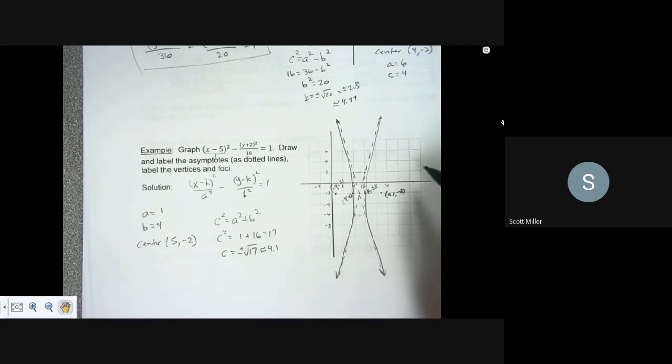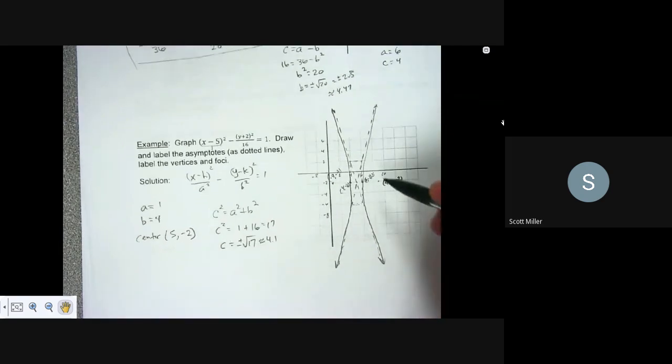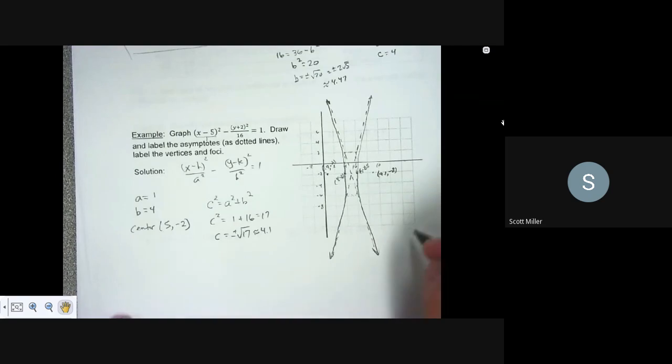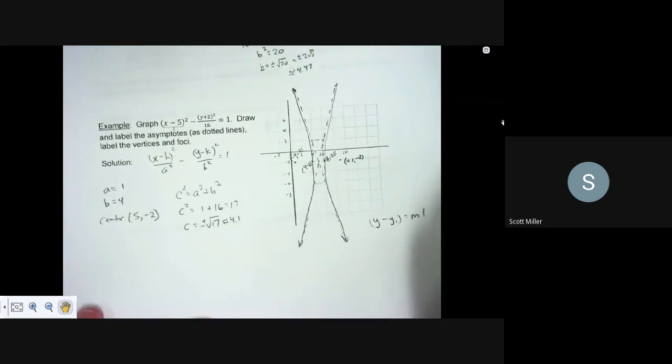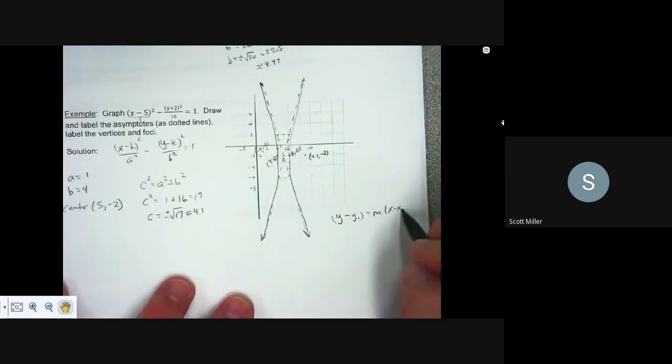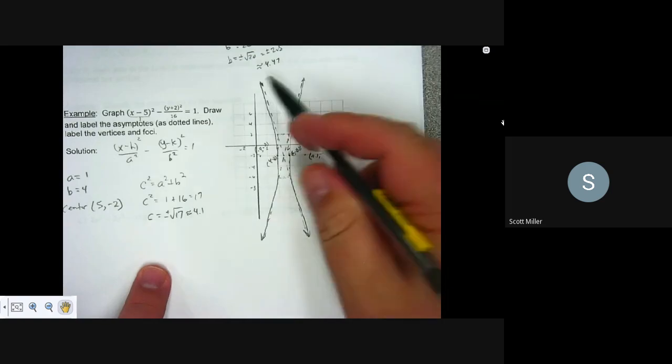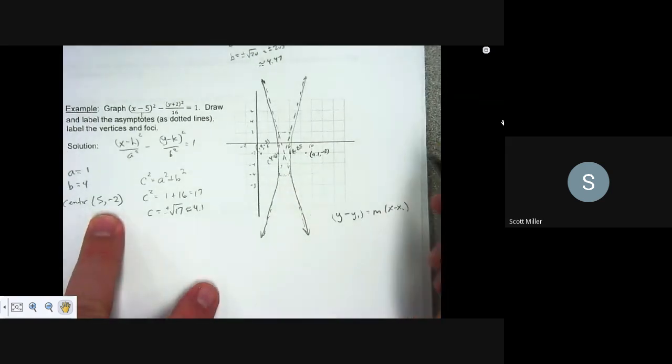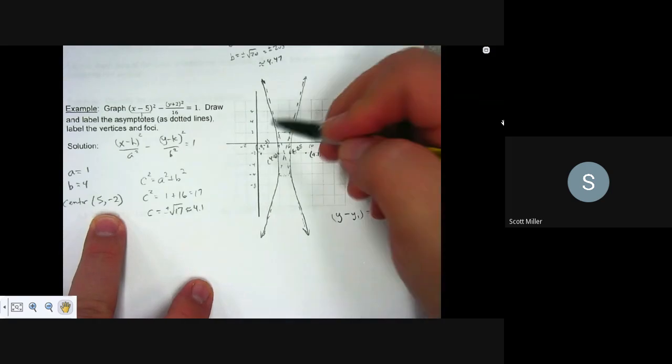Okay. Well, to find this, we need to know a point and a slope. We can use this to find equations of lines. We have this thing right here, m times x minus x1. We need a point and a slope. All of these dotted lines go through the 0.5, -2, so that would be my point. And we just need to know the slopes of these things, and that's what the box here is for.